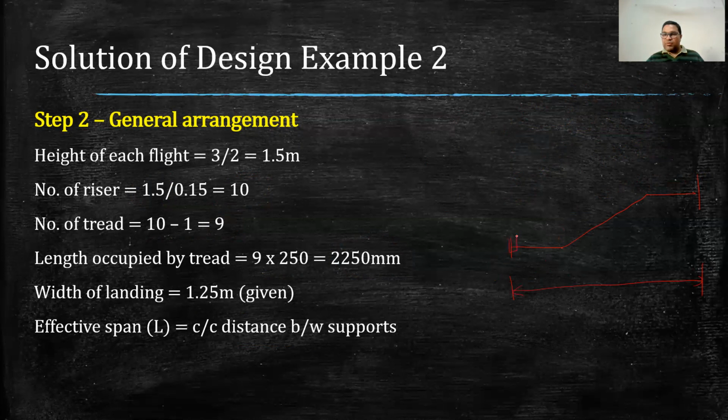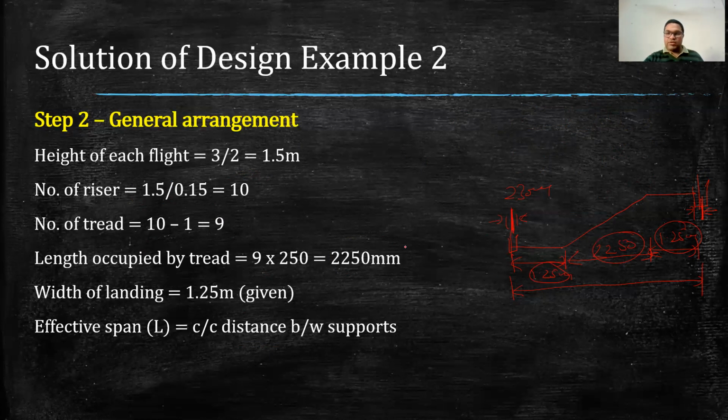There will be our beam, which has a value of 230 mm, and this value is already given, which is 1.25 meter, and this value we have just calculated as 2250, and this value is also the same, which is 1.25 meter, and there will also be a beam. So center to this value plus this value plus this value plus this value plus half of this value.